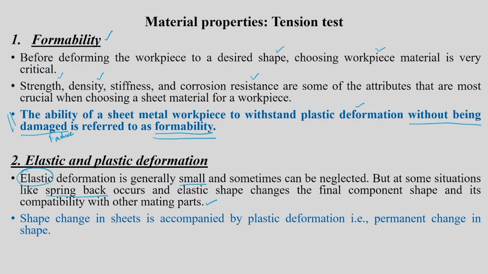So now shape change in sheets. Permanent shape change in sheets is accompanied by plastic deformation, that is you are going to give permanent shape change to the material. We have already seen some examples, a cup formed or a shallow drawn cup that is formed by stamping, or a simple bending, all involve permanent shape change.